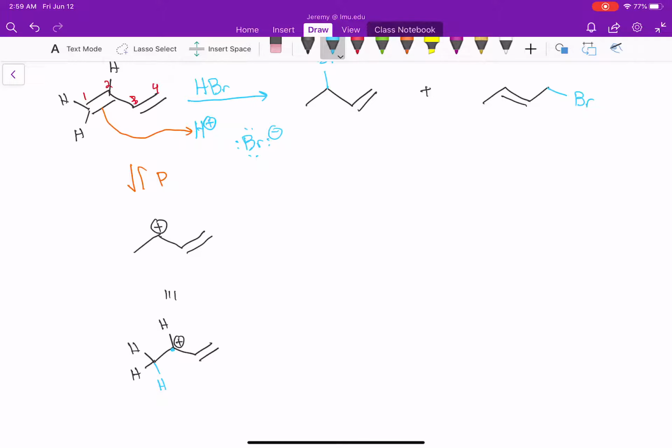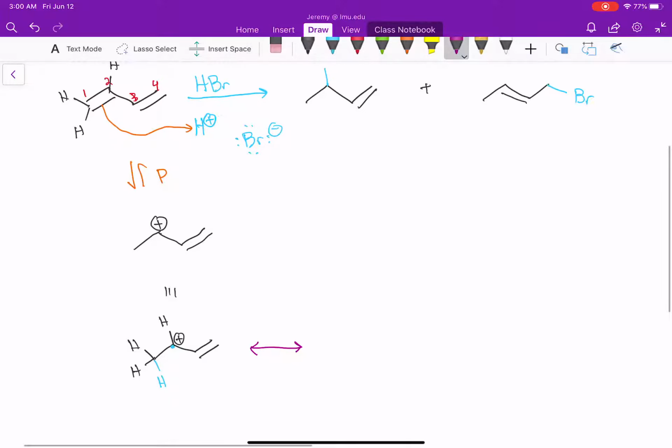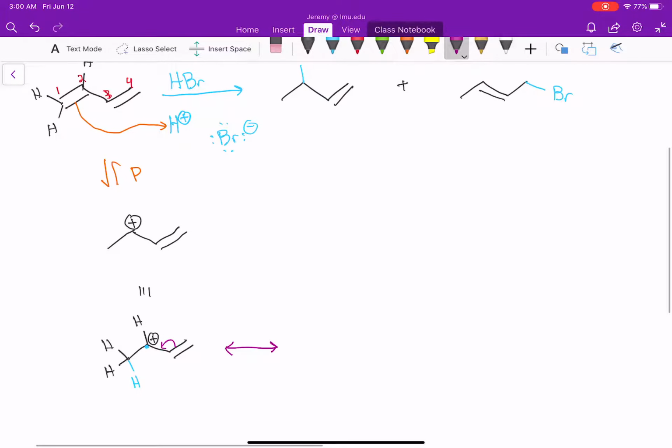But this carbon is not just secondary, right? It's secondary allylic, which means we can draw a very good resonance structure with this, where I can move these electrons from between carbon 3 and 4 to between carbons 1 and 2. Let's draw our resonance structure up here.